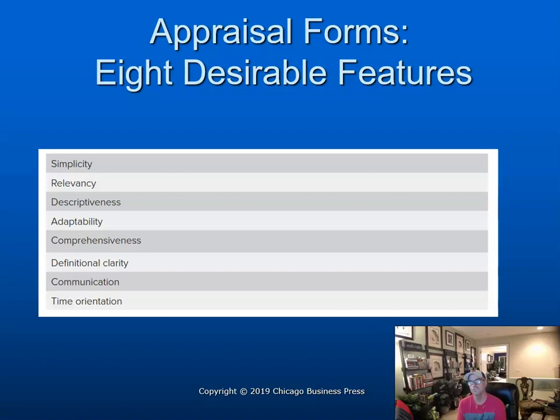So let's now turn our attention to the evaluation form. The evaluation form has a number of features. As we see in this slide, there's 8. Several I'm going to highlight because I think they're among the most important. First is simplicity.